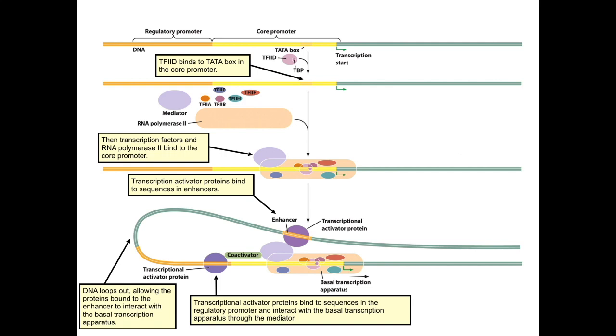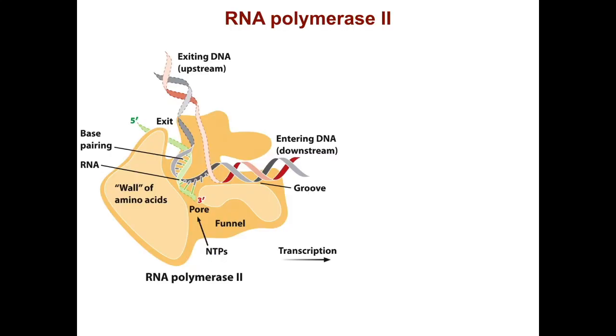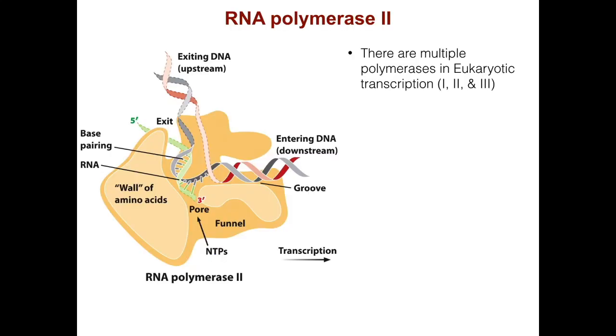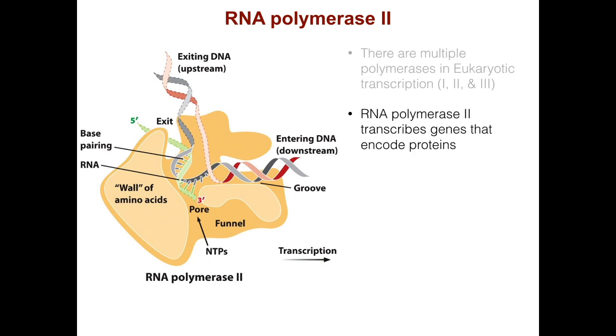But still, the most important component is RNA polymerase. There are multiple polymerases in eukaryotes. For example, in animals, there are polymerase 1, 2, and 3. RNA polymerase 2 transcribes genes that encode proteins, and it is pictured at the left.